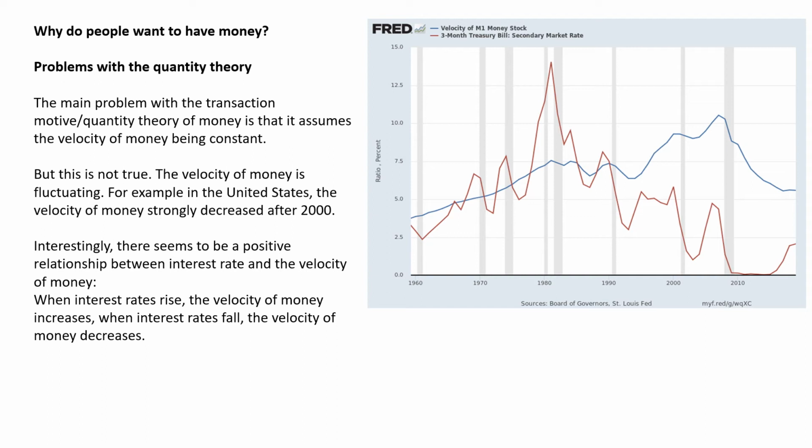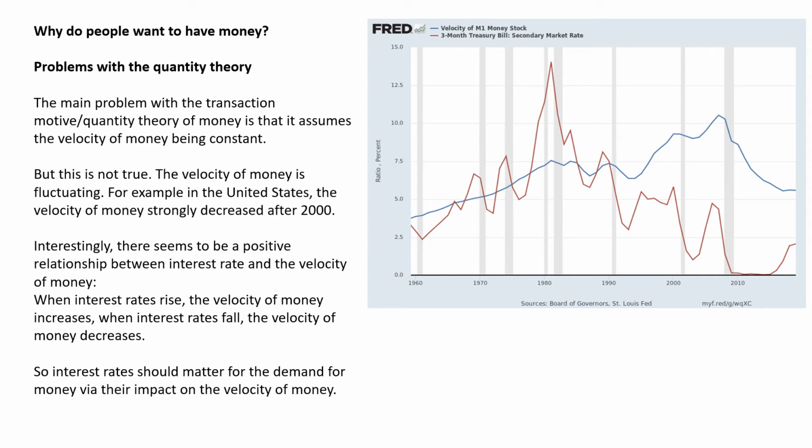So if there is a positive relationship between the velocity of money and interest rate, then this may give us a hint that somehow interest rates will also play a role in the demand for money. And the theory which is going to introduce interest rates into the demand for money is called the speculative motive.